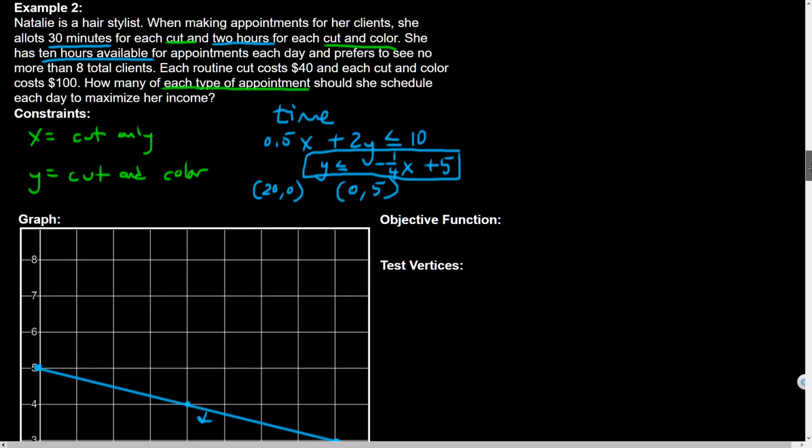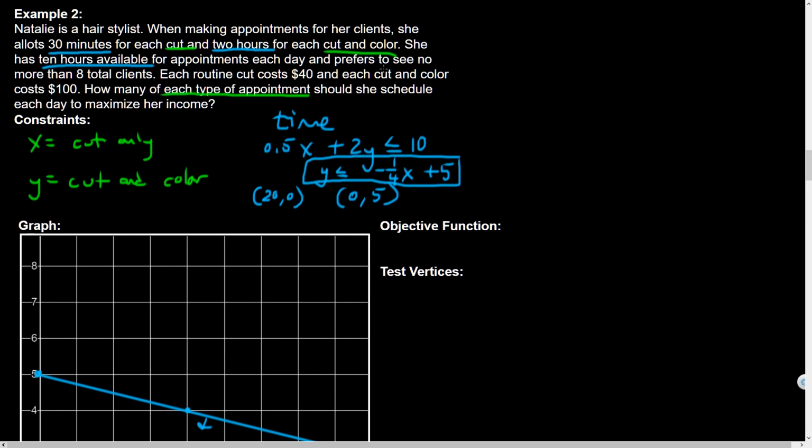Let's find another constraint. All right, she prefers to see no more than 8 total clients. So this could be our client constraint.